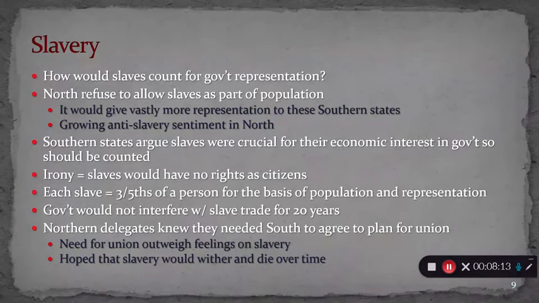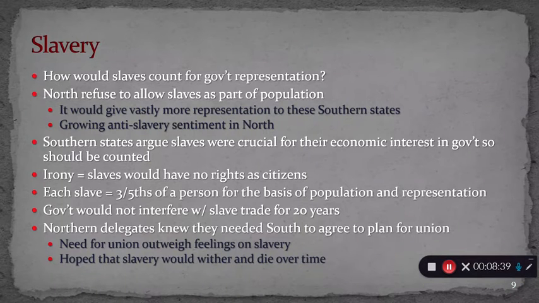because there were states, places like South Carolina, for instance, that actually had more enslaved people than free people. So naturally, places like South Carolina would like all of the people living in their state to be counted as part of their population, because that would give them higher numbers of representatives.